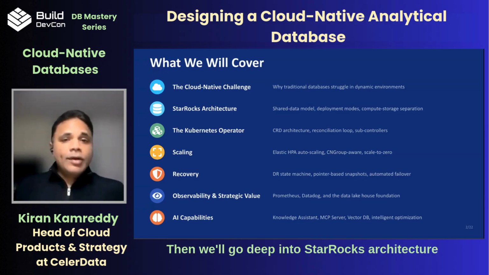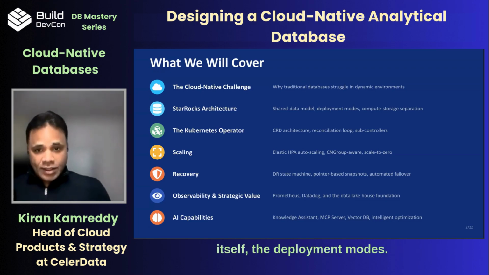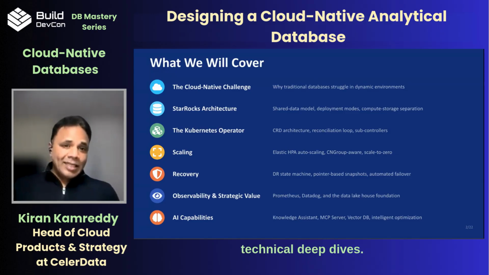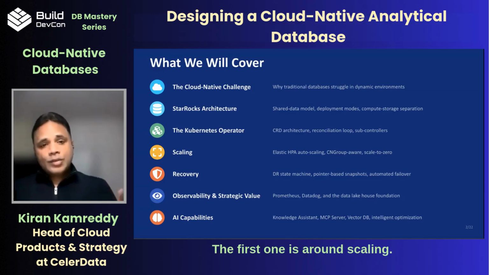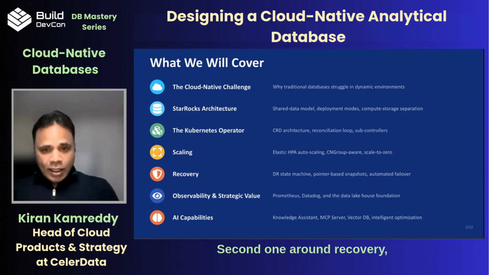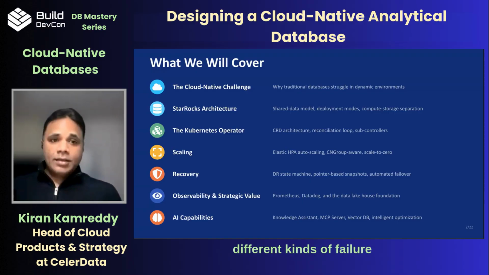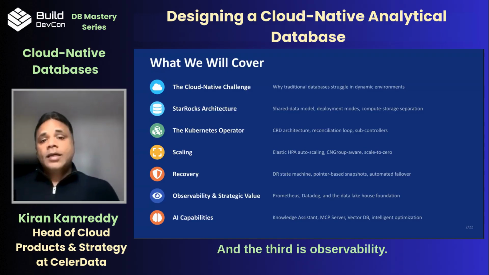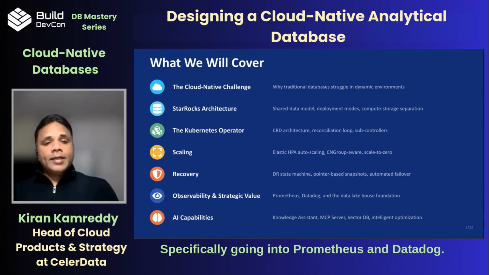elastic. Then we'll go deep into StarRocks architecture itself, the deployment modes, and after that we will do three specific technical deep dives. The first one is around scaling. Second one around recovery, different kinds of failure recovery modes that we have in the product. And the third is observability, specifically going into Prometheus and Datadog.